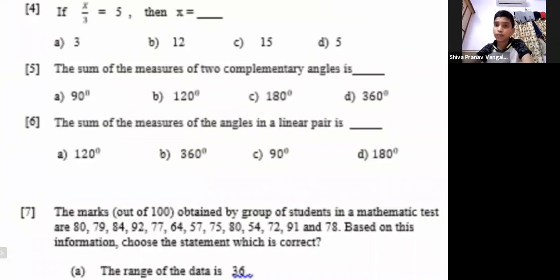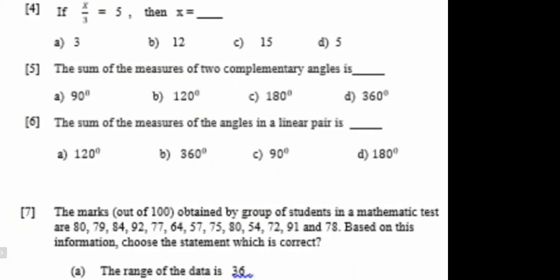The question is: the sum of the measures of two complementary angles. Students say 90, some say 180.